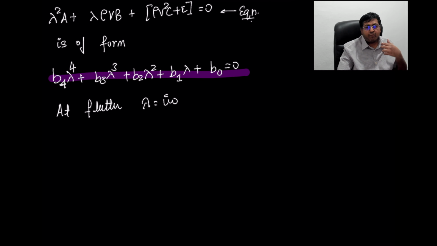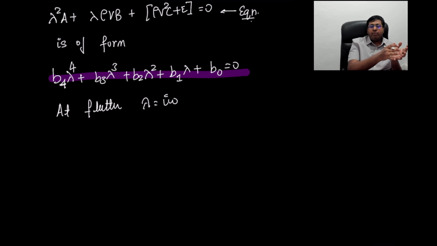And we know at flutter, the real part of the root lambda is 0. We have already shown that if lambda is of the form a plus ib, if a is less than 0, it is below the flutter speed, where it is a stable oscillation which decays. If a is greater than 0, then it's above the flutter speed, where it's uncontrolled oscillation.